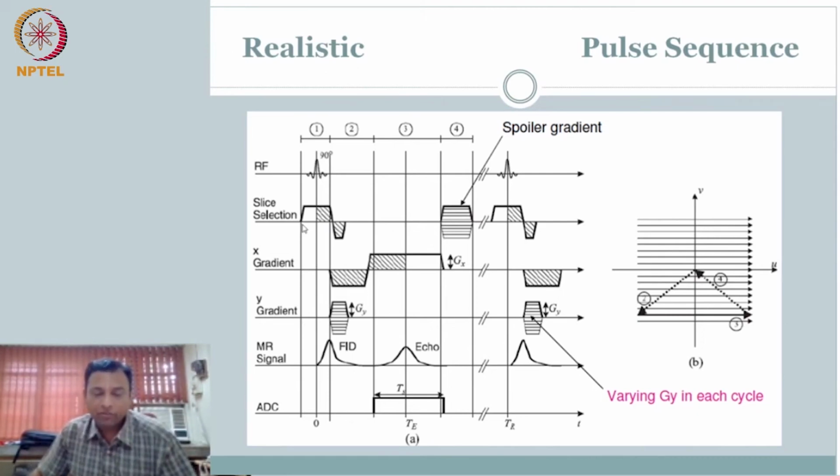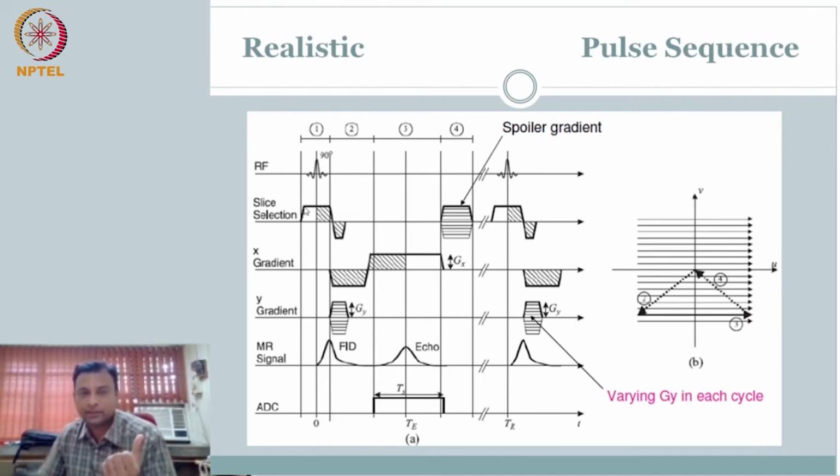Notice that in the previous pulse diagram, you would have noticed only rectangles. That is, the gradient is on, it goes from 0 state to the highest Gx or Gz without any time gap. In reality, there's a slew rate. So in reality, it is going to take some time before it reaches.